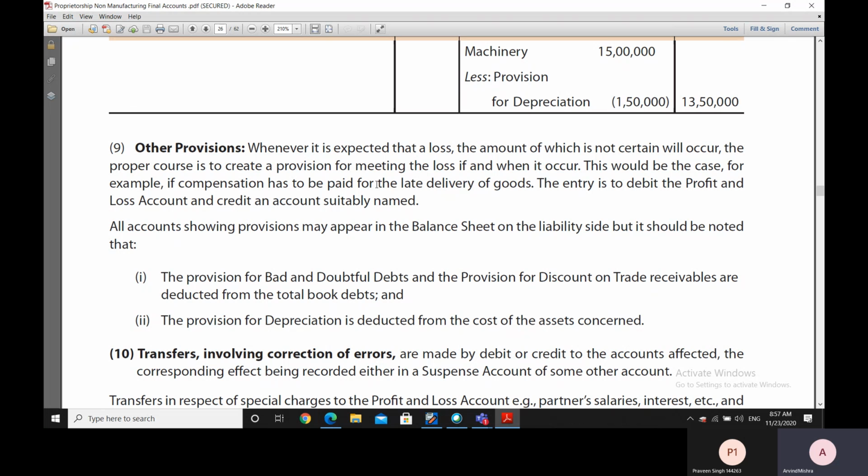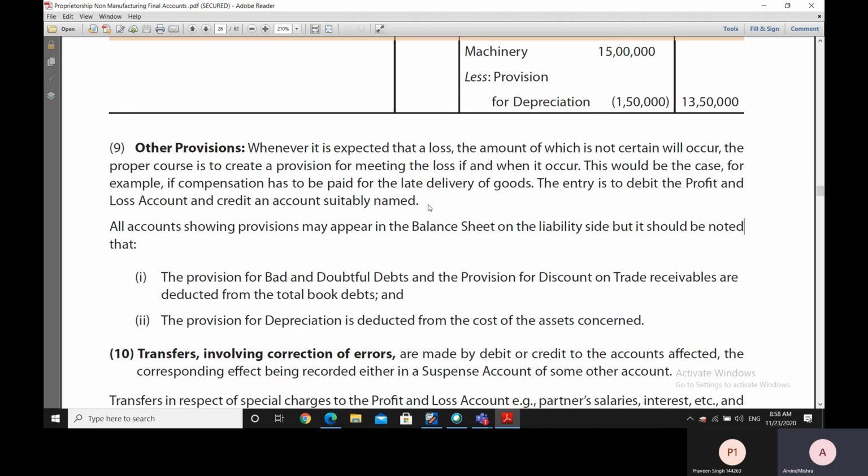So at the end of the year, for a number of reasons, certain adjustments need to be made in order to prepare the final accounts. We are at adjustment number 9, other provisions. Whenever we expect that a loss will occur, but we are not certain how much loss will occur, then we create a provision for meeting that loss whenever it occurs.